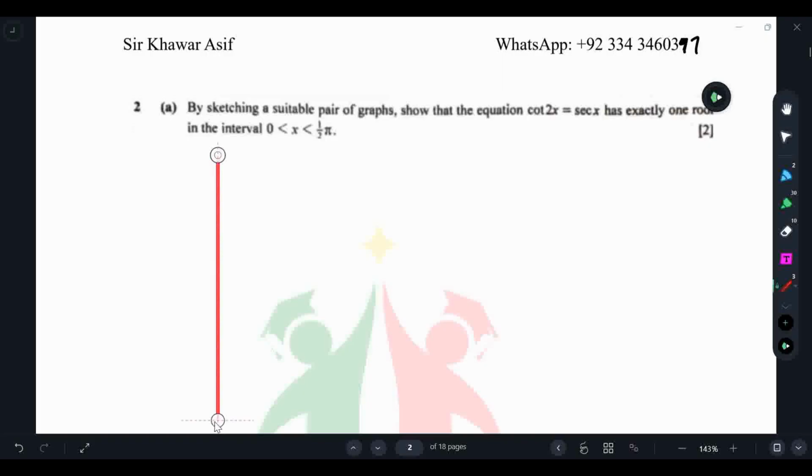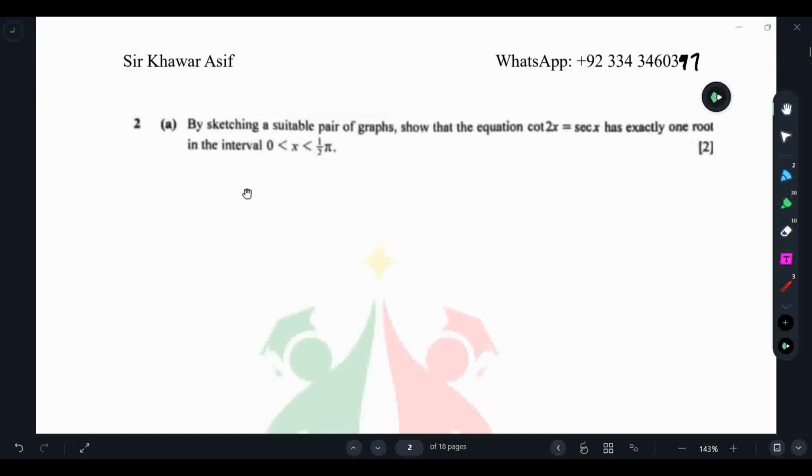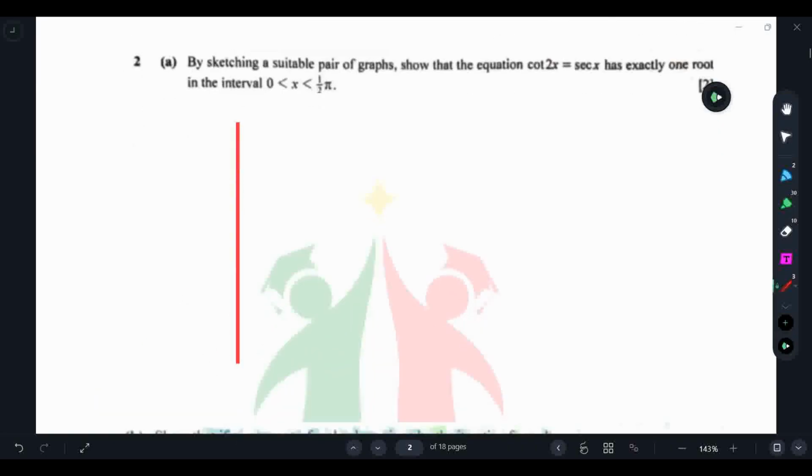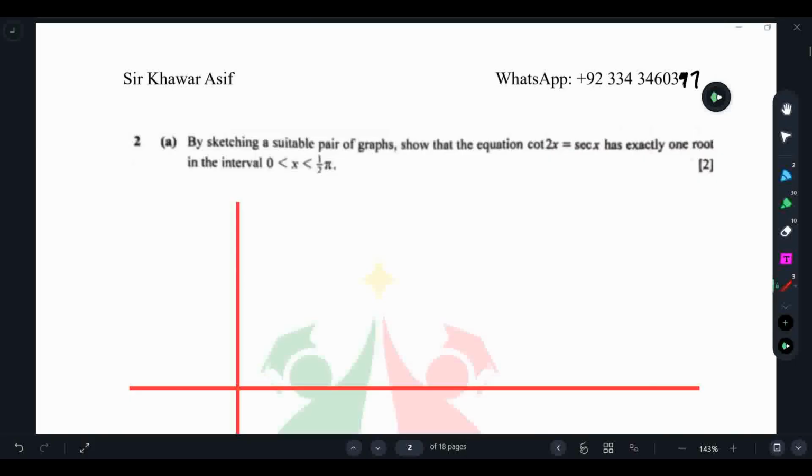Let me select the line. Now we need to draw the values. We need to just select the values and then find the corresponding values.